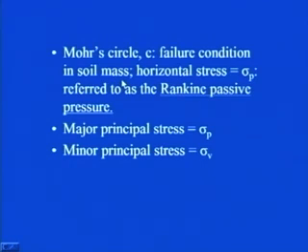In that case the horizontal stress is equal to sigma p, which is referred to as Rankine's passive pressure. As I explained earlier, the major principal stress is equal to sigma p, while the minor principal stress is equal to sigma v.